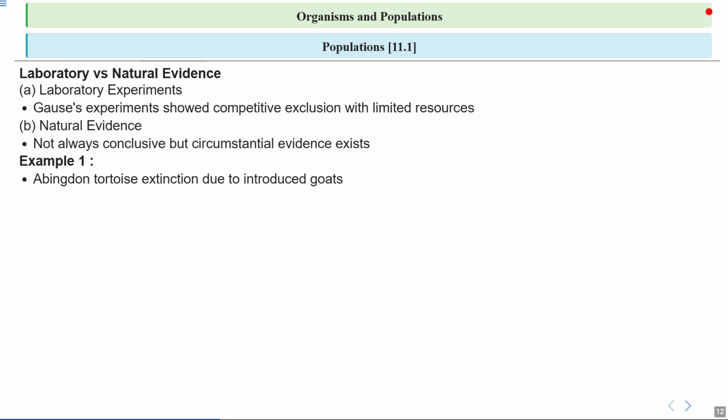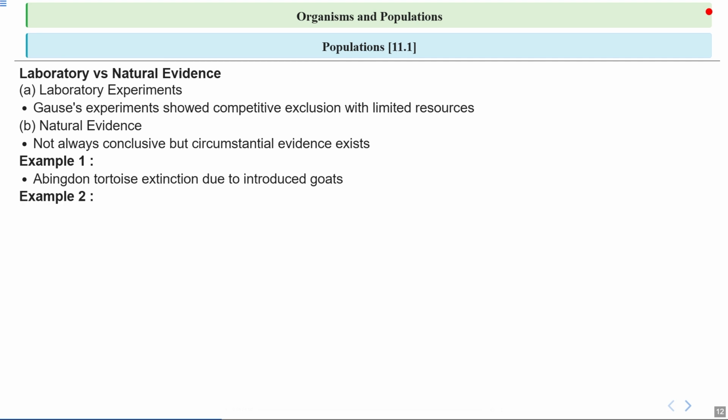Abingdon tortoise extinction due to introduced goats. This is a very famous example. When goats were introduced to the island where the Abingdon tortoise lived, they competed with the tortoise for food. Goats were better at finding and eating the plants, which led to the tortoise dying out. So this shows how competition can have serious consequences in nature.